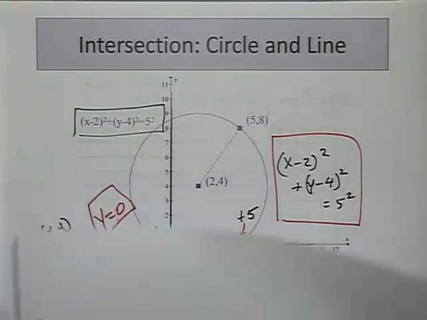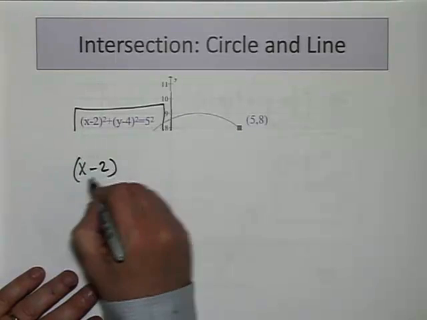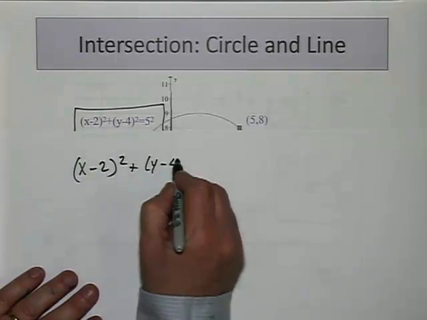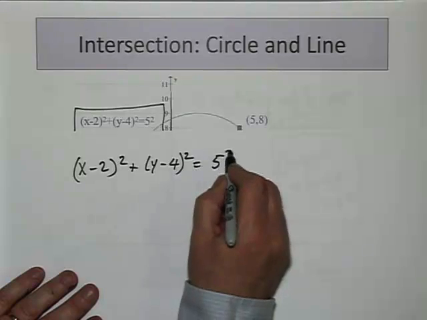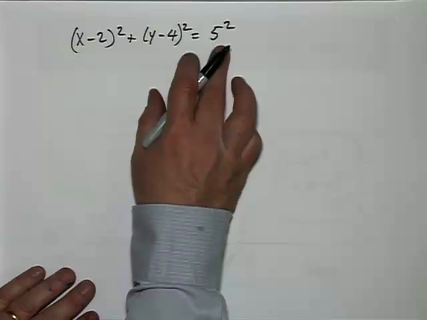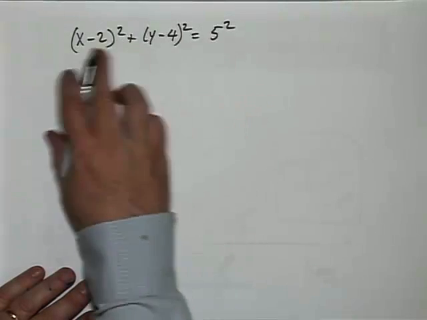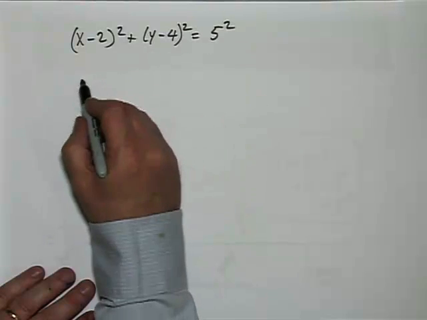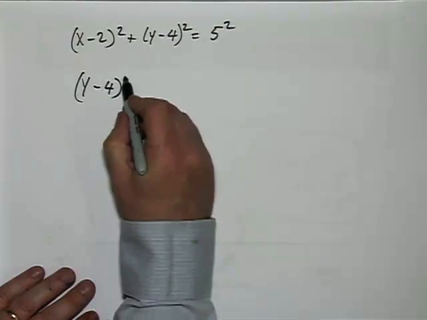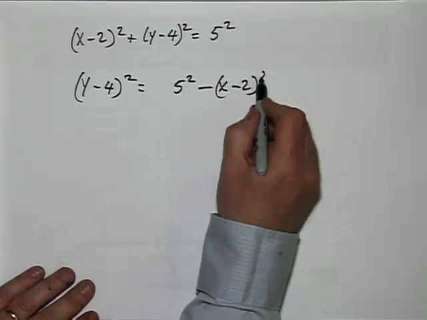Let's say we wanted to find out the y. So let's go through that again. We have x minus 2 squared plus y minus 4 squared is equal to 5 squared. If I knew x and I wanted to find y, how would I do it? Well, our plan has always been to put y on the one side. So y minus 4 squared is equal to 5 squared minus x minus 2 squared.